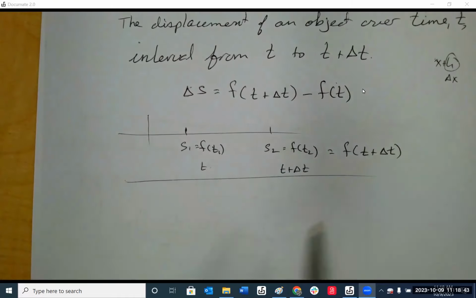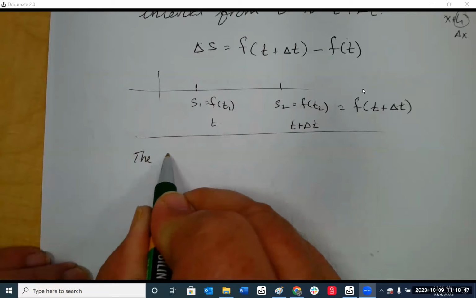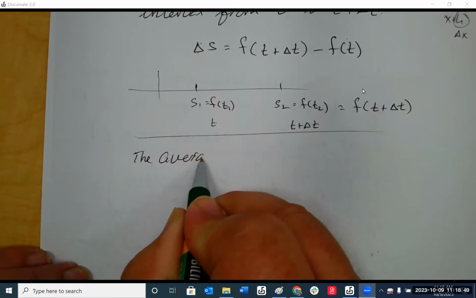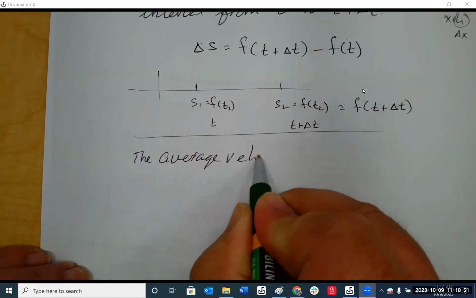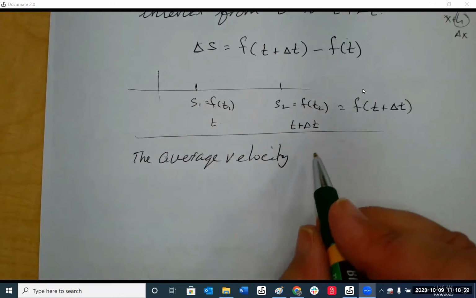So with this, the average velocity, how does velocity relate to displacement, our position?